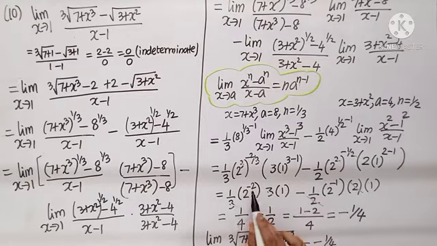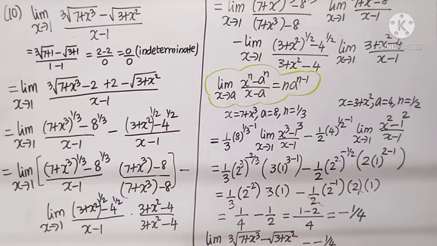I am left with 2 power minus 2. 2 squared is 4. 2 power minus 2 is 1 by 4. 2 power minus 1 is 1 by 2. Taking LCM, it is 4. Here I have 1, here 2 2's are 4. So multiply by 2. As I simplify, I get minus 1 by 4.